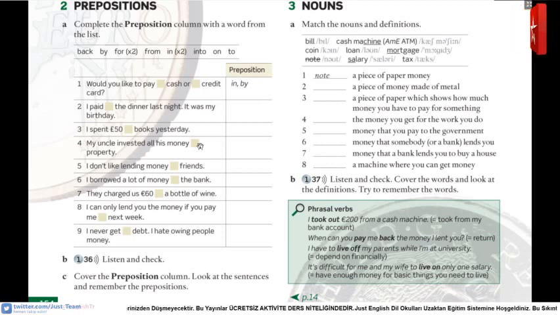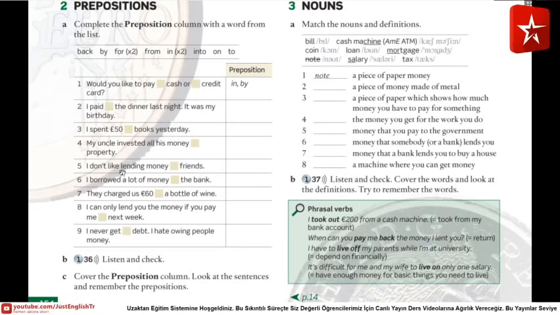Invested all his money in, yes, in property. Property can be a house, a flat, maybe a shop. So my uncle invested all his money in property.